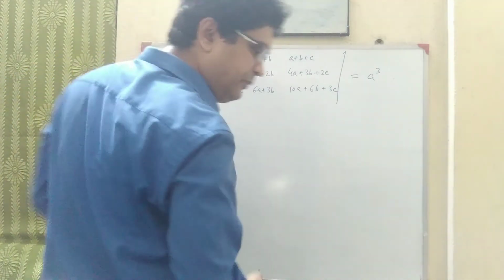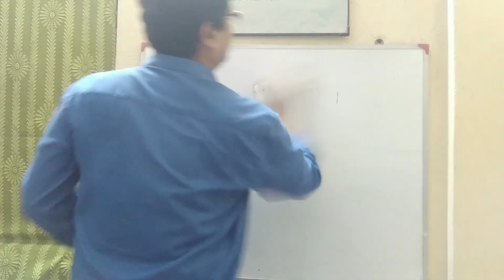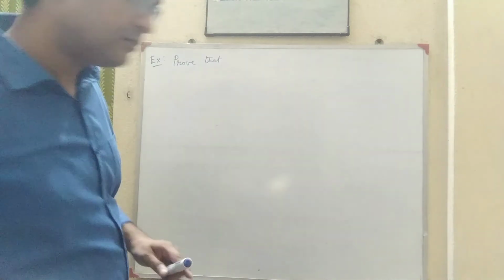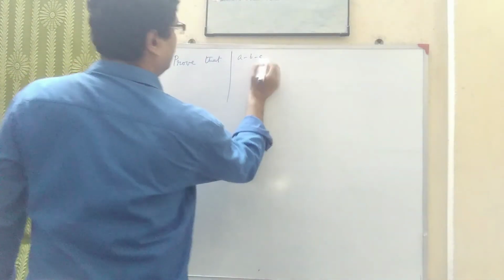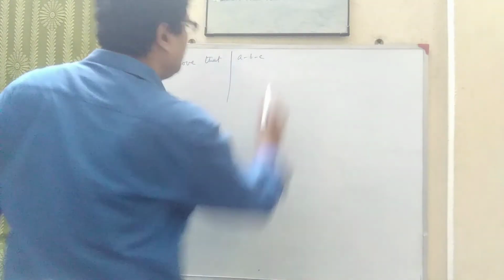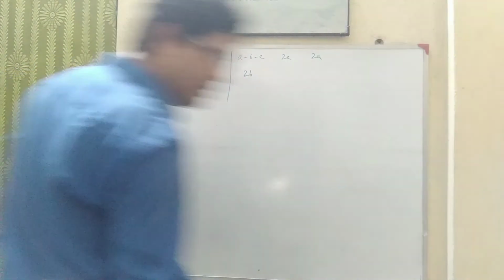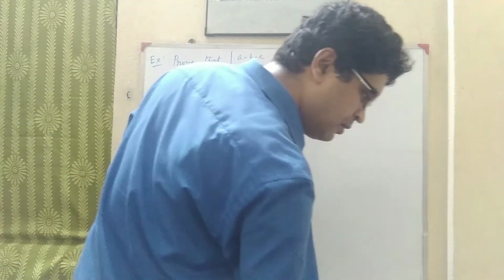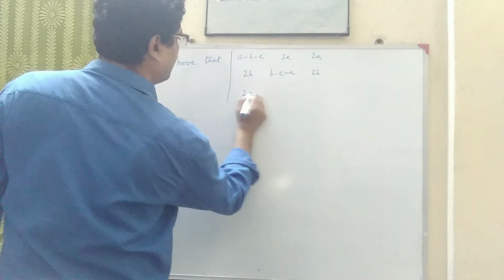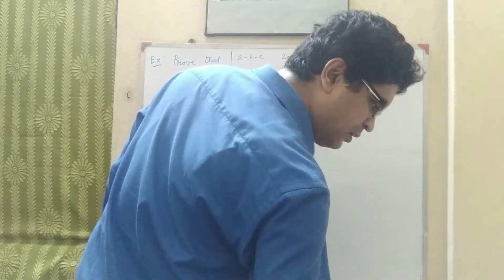Next example is also prove that the determinant with rows a minus b minus c, 2a, 2a; 2b, b minus c minus a, 2b; 2c, 2c, c minus a minus b.